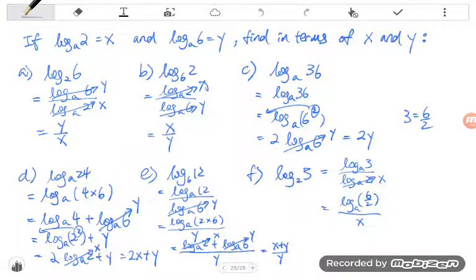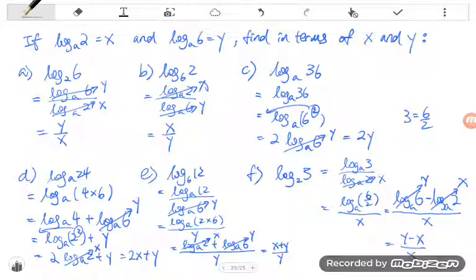I will have log 6 to the base of a minus log 2 to the base of a, and the whole thing over x. And this is y, this is x, so I'll have y minus x over x.